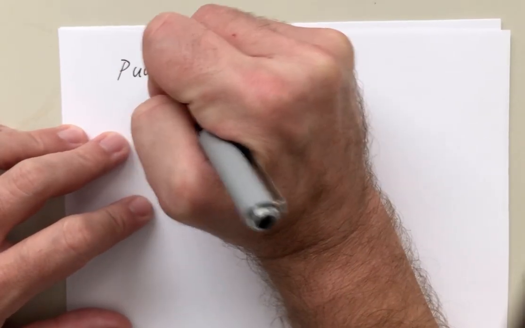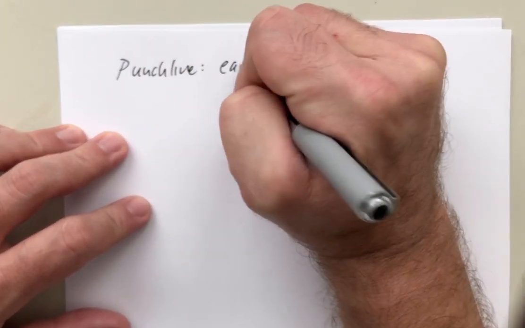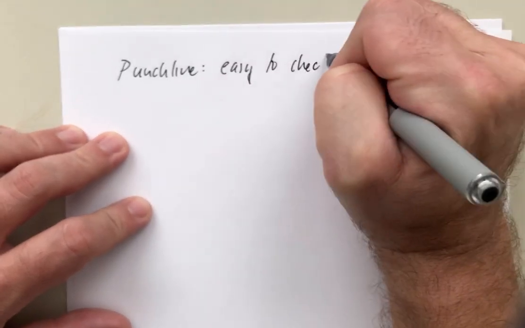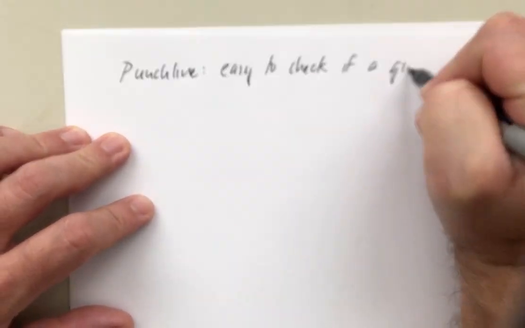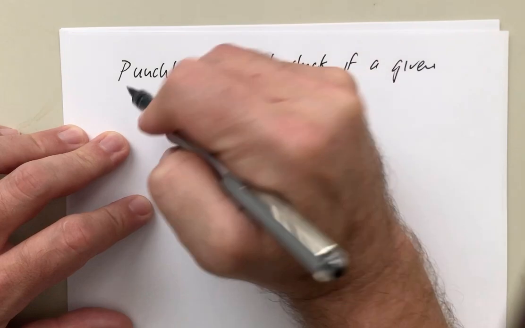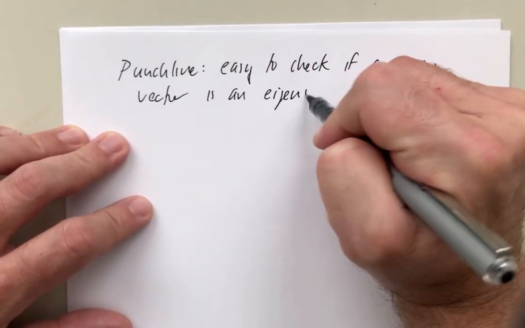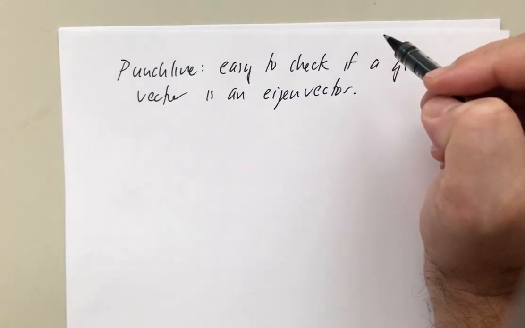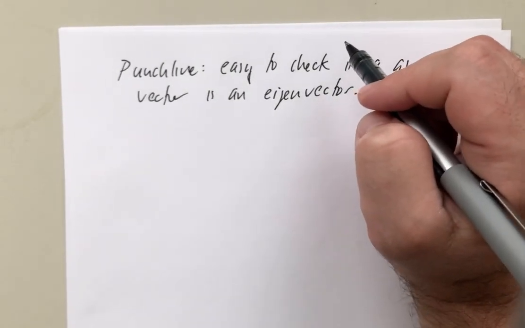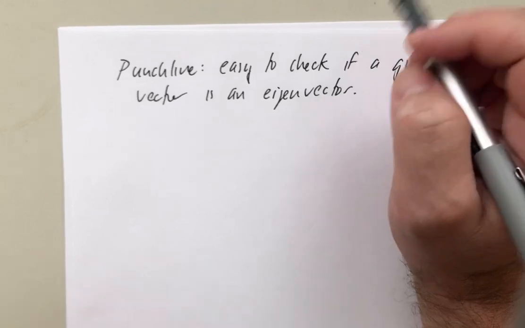Of course, the question now will be, how did I get these vectors? You can't just guess and check every time. But let me show you that if I tell you an eigenvalue, you can also get an eigenvector.